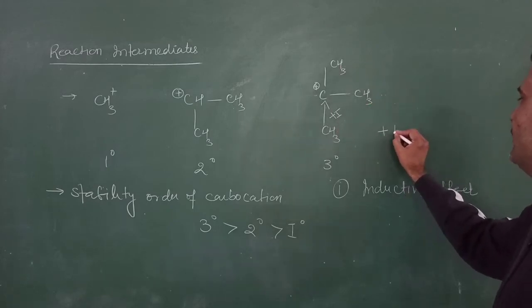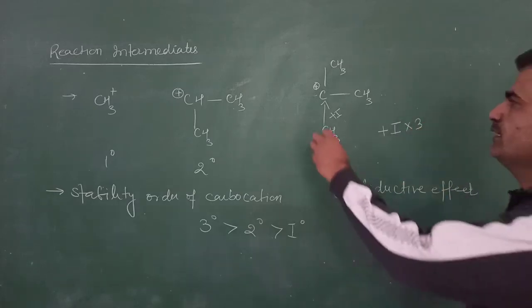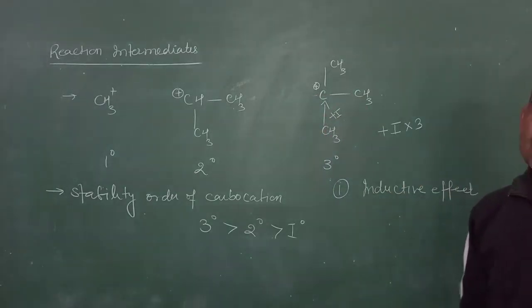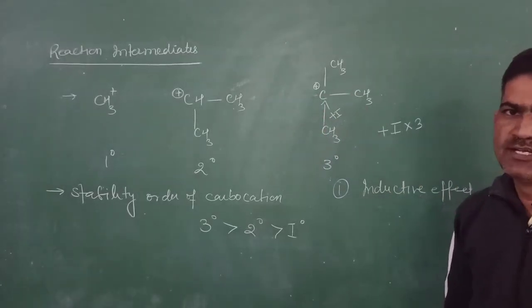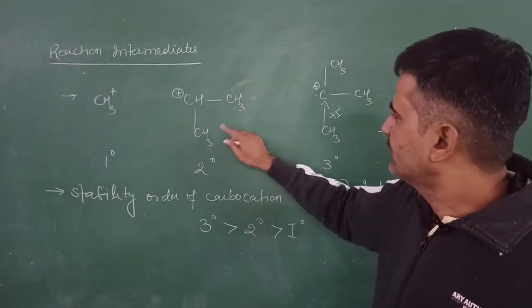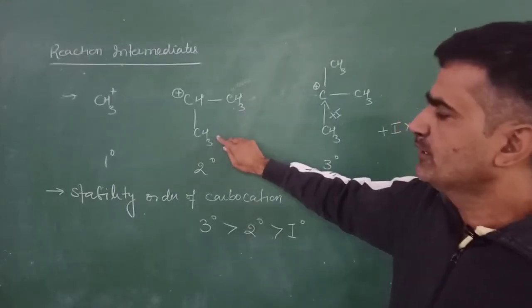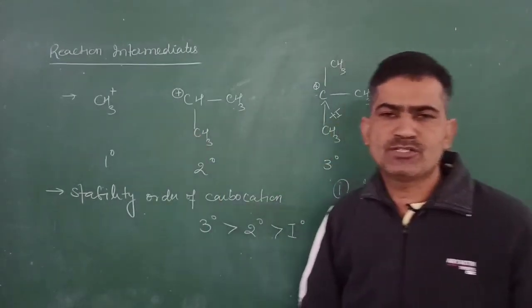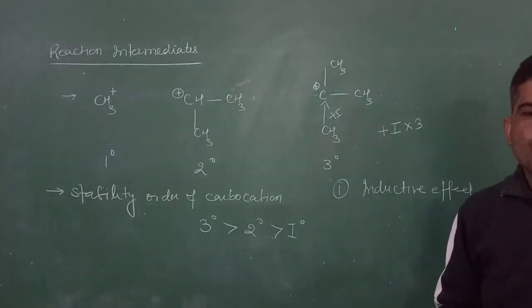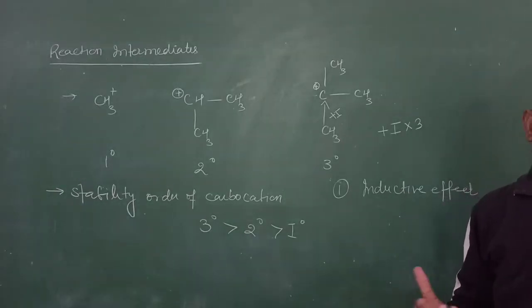Here there is a plus 3 inductive effect. It minimizes the quantity of the positive charge at this carbon, and it increases the stability. Here the inductive effect is less than that, as it has only 2 alkyl groups, and here there is no alkyl group. Due to the inductive effect, the more the number of alkyl groups, the lower the charge and the greater the stability.